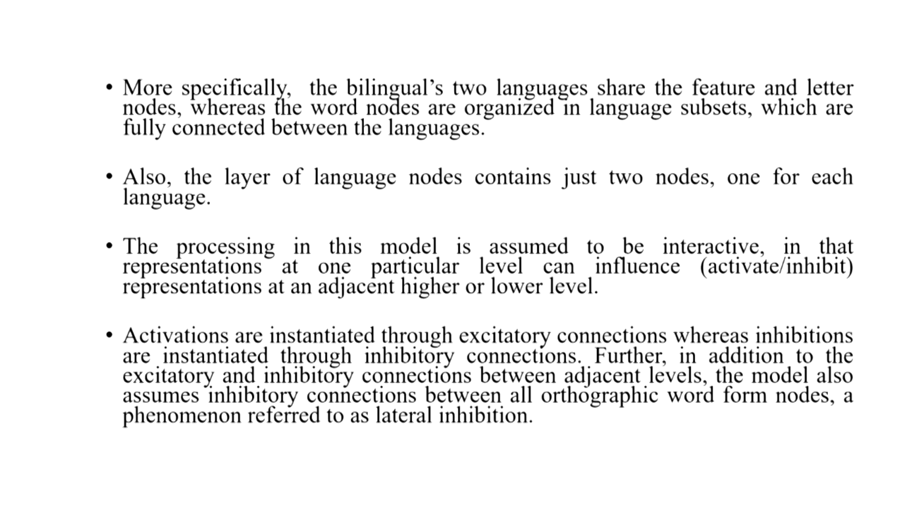Now, more specifically in the BIA model, the bilingual's two languages share the feature and the letter nodes. So, for example, given that there is a huge similarity of script between Dutch and English, and this model was initially developed using Dutch and English data, it is obviously possible that the features and the letters are common and shared across both these languages.